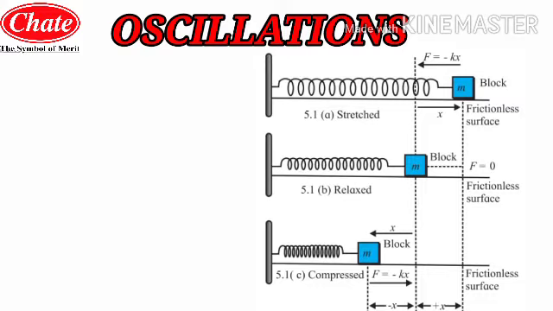And in the last case, the restoring force of the spring will also be F = -kx, and it is towards the right from the hinged support, towards the equilibrium position, or towards the rightmost position of that block. So the restoring force of the spring will be F = -kx.